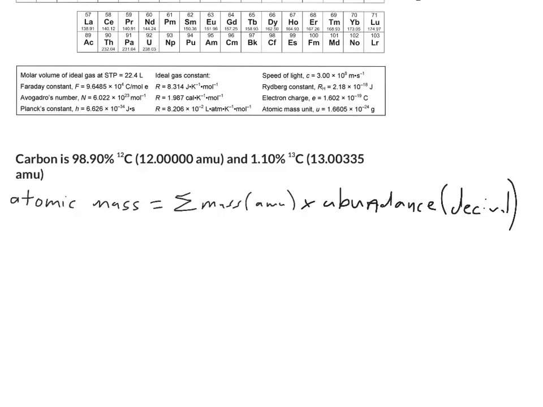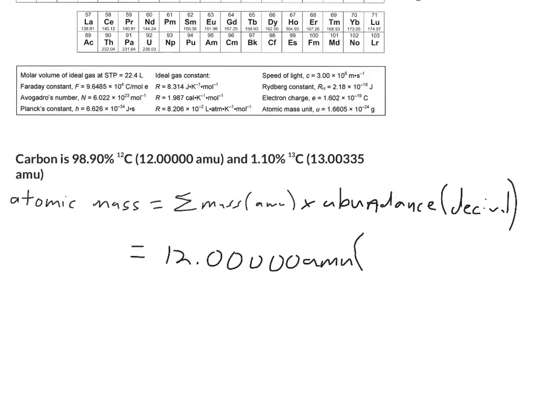So to use this in a calculation, we start with carbon-12. Its mass has been measured as 12.00000 AMU.